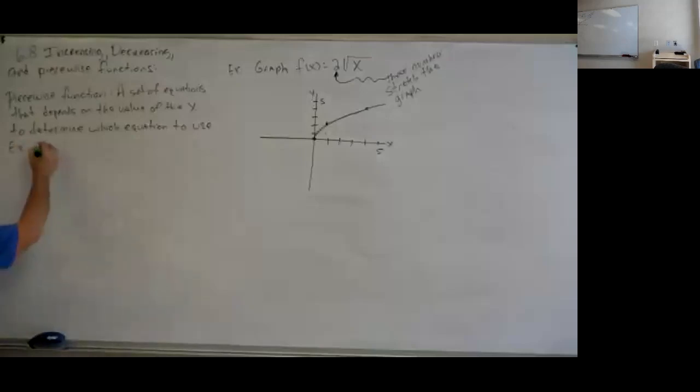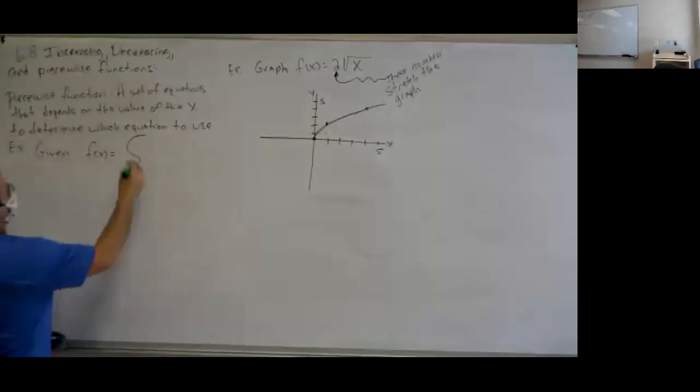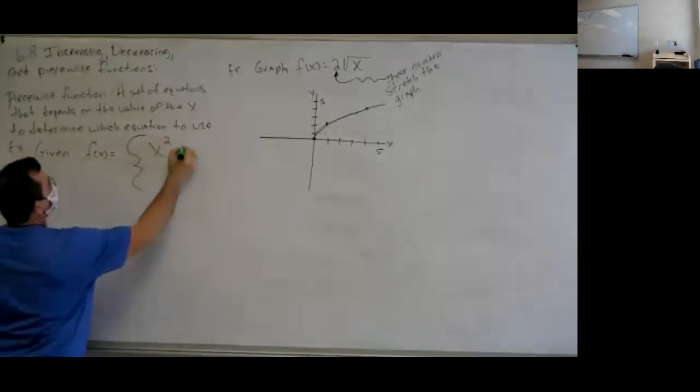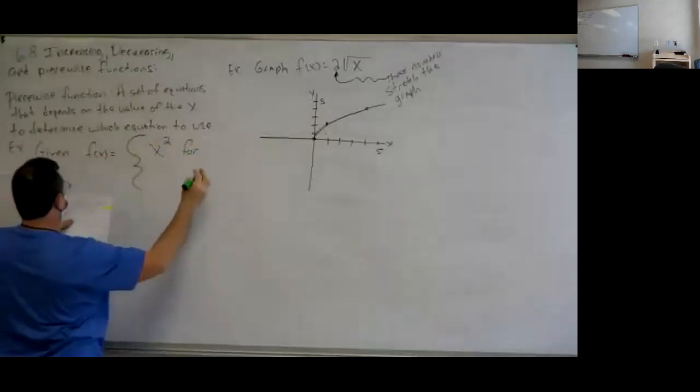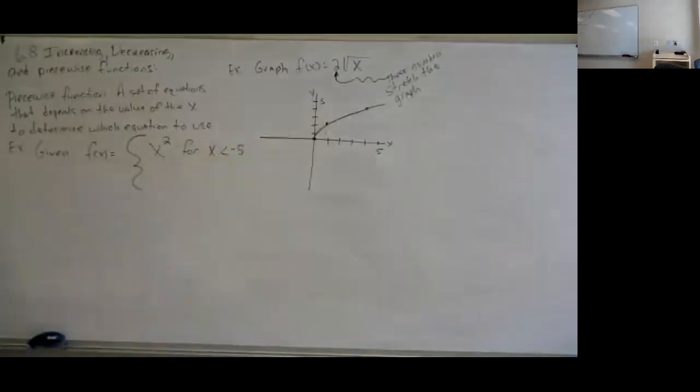So given f of x equals, and on this one, y'all, I'm going to have three equations. You use the equation x squared for any x that's less than -5. Not equal to -5, less than -5, which would be like -6, -7, -8. Any of those numbers, I'll plug into the x squared equation, okay?